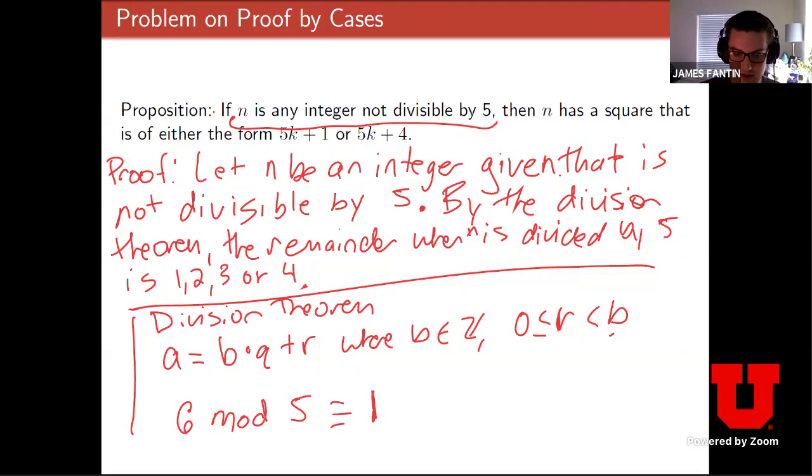Matthew had a question here. Can you explore the properties of what you are given and hope something stands out? Yeah, the idea here is really to open up the definitions. What does it mean to say that an integer is not divisible by 5? What's the definition?